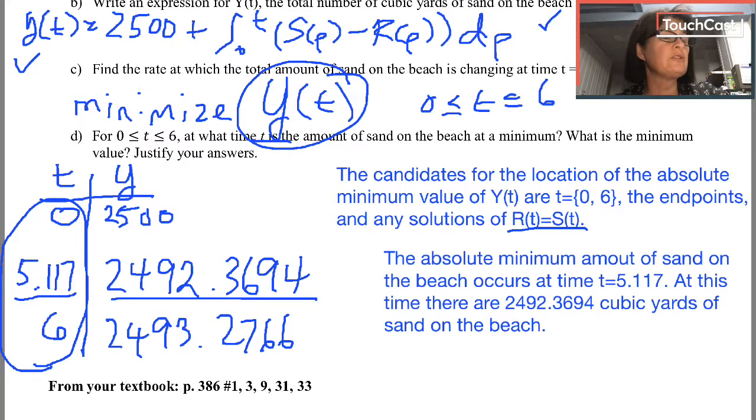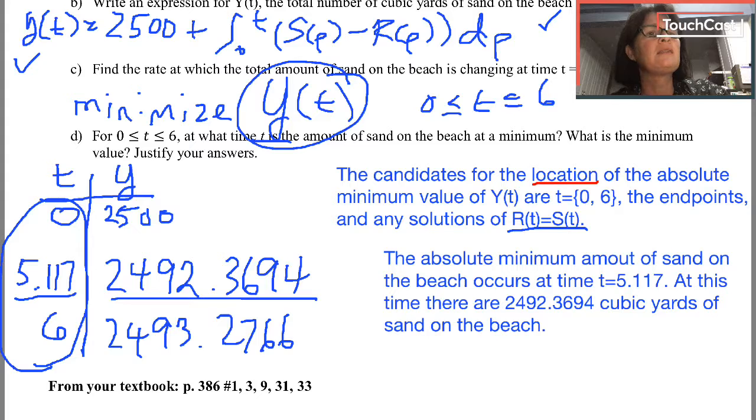So common errors, which I hope you will avoid. This word here could have been time because the input to the y function is time. What you really don't want to say, the error would be to say that the candidates for the absolute minimum value of y.